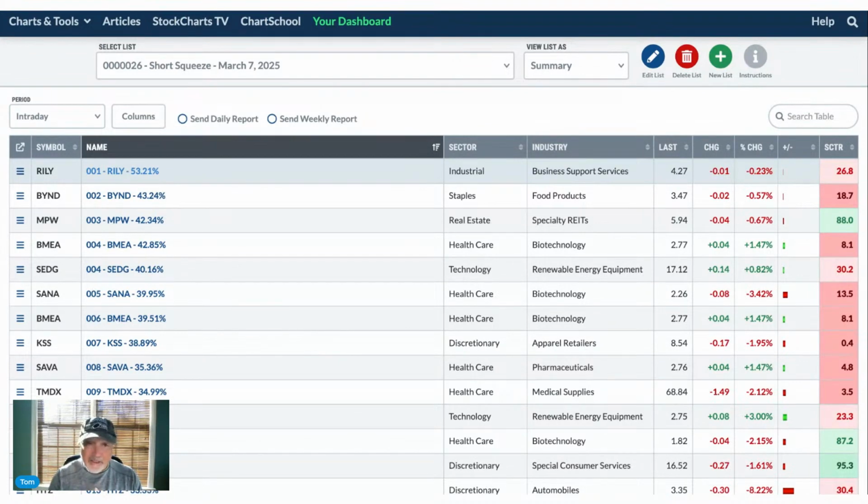Now, a lot of these companies are shorted for a reason. So just because they're heavily shorted doesn't mean you just go out and back up the truck and start buying these stocks. Many of them, as you will see as I go through some of these, are stocks that just keep going down and down and down. You don't get a short squeeze just because the stock goes up for a day or two.